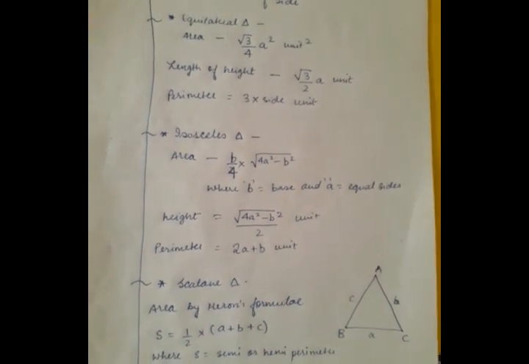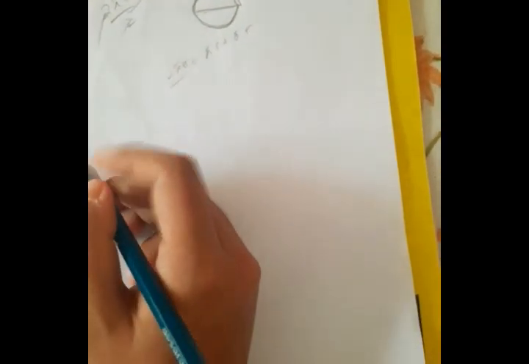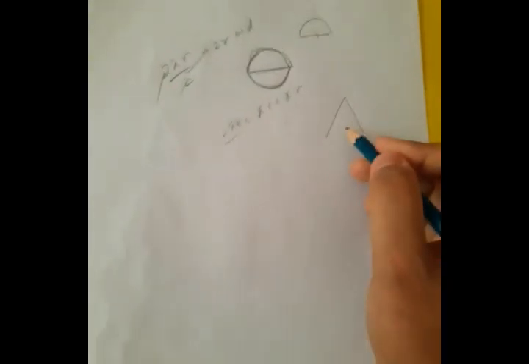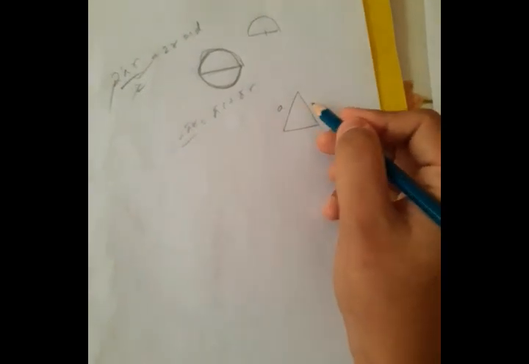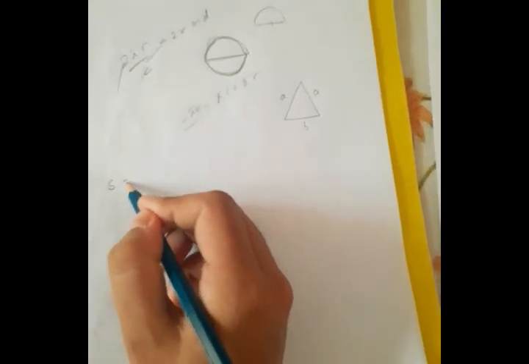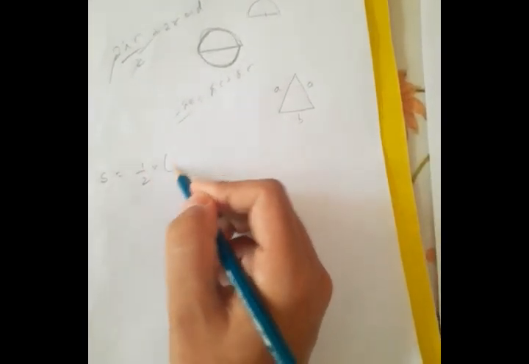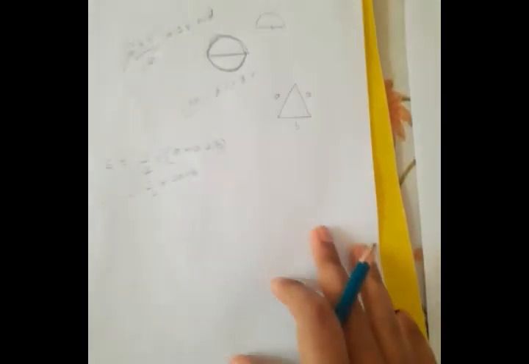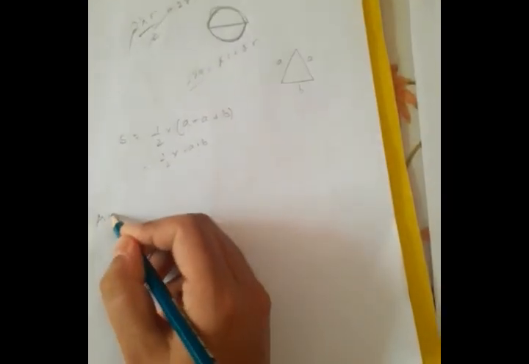So let us deduce the formula of the isosceles triangle by Heron's formula. So here it is an isosceles triangle, with sides a, a and b. We find the semi-perimeter, half into a plus a plus b, that is half into 2a plus b. So this is the semi-perimeter, and we will go according to the formula.